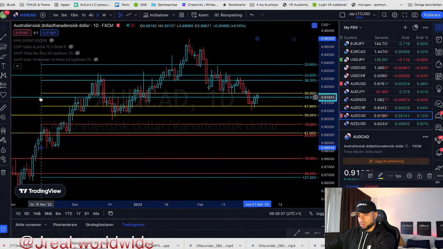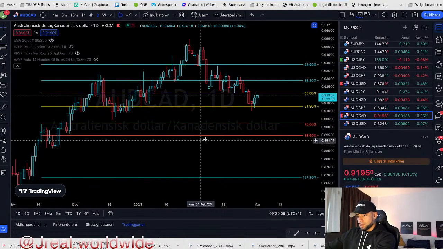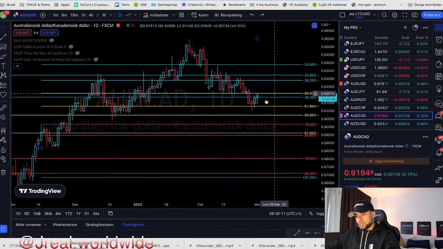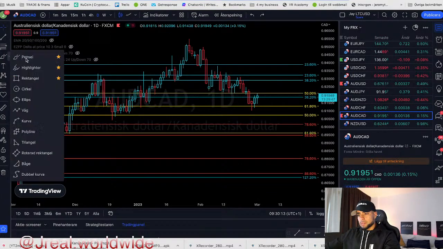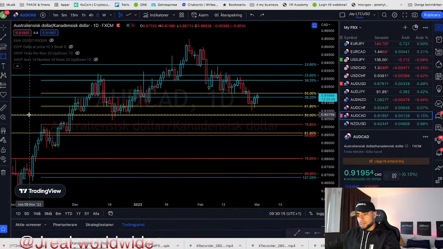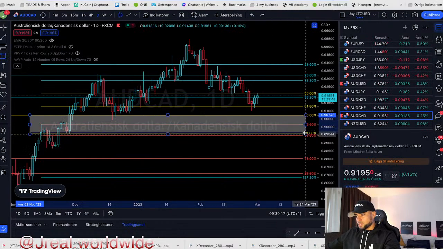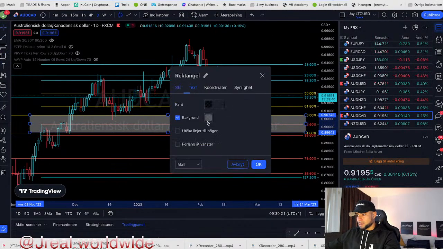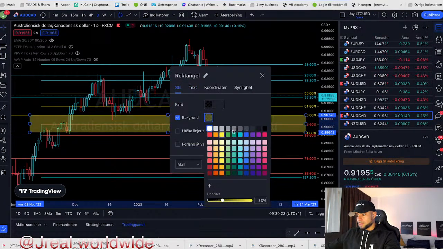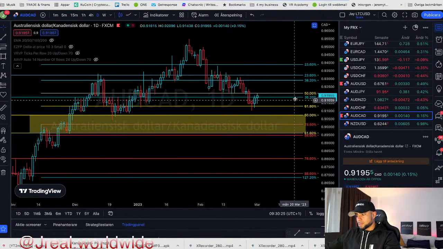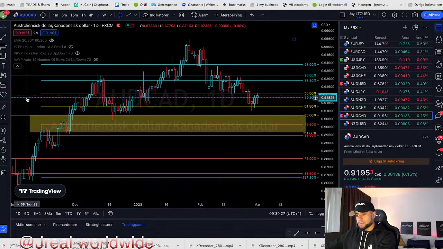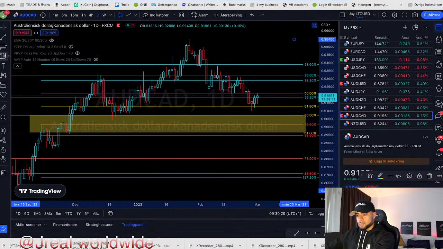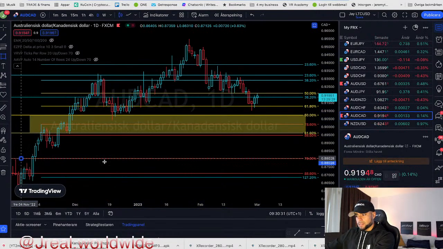Let's remove this one. We know that we got the zone. Let's do it like this. This is where the liquidity is. And this is where the demand is.